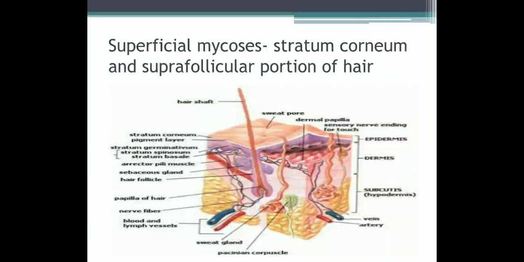Superficial mycoses are that group of fungal infections which primarily infect the stratum corneum of skin and suprafollicular portions of the hair. Here, there is very low immune response and therefore very little tissue damage.